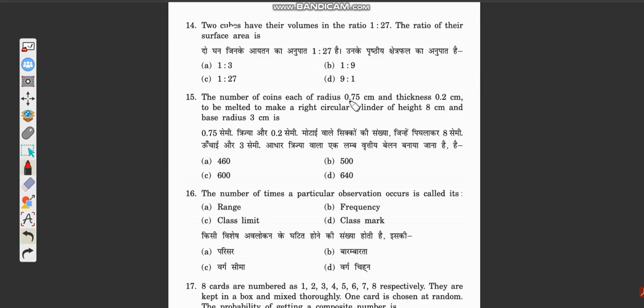Number of coins, each of radius 0.75 centimeters and thickness 0.2 centimeters, to be melted to make a right circular cylinder of height 8 centimeters and base radius 3 centimeters. A coin is in the shape of a cylinder.